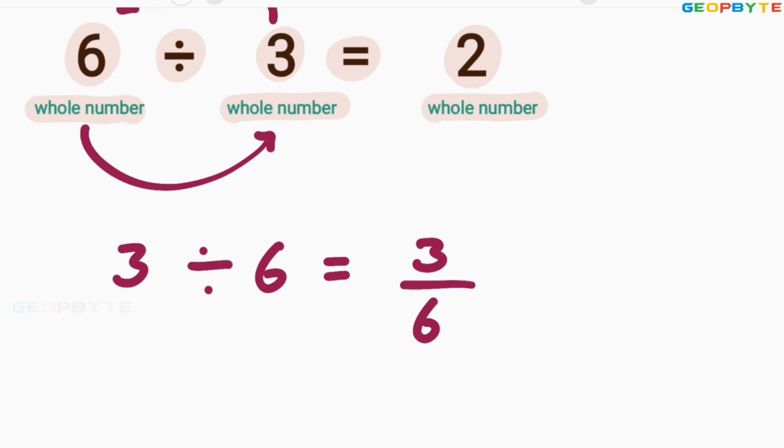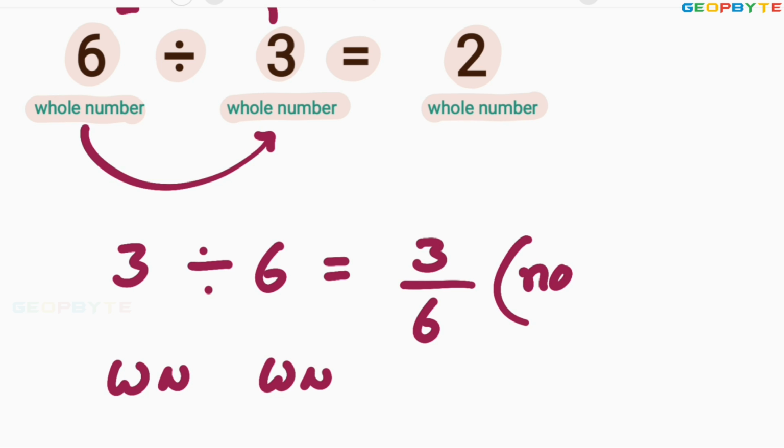Therefore, I can write like this. Here 3 is a whole number, 6 is also a whole number, but this is not a whole number. Then what is the conclusion? The whole numbers are not commutative under division. I hope you clearly got my point.